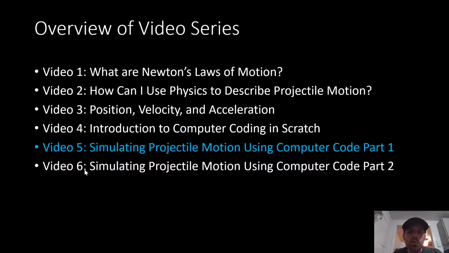One thing that I want to visit before we get into the computer code is this idea of a free body diagram. Remember from previous lectures, a free body diagram is basically this idea of trying to identify all the forces that might be acting on an object. So rather than a man falling from the sky that we've used previously, here we're going to use a ball or a projectile that has been launched. And let's say that that projectile has been launched and it's traveling basically from left to right.